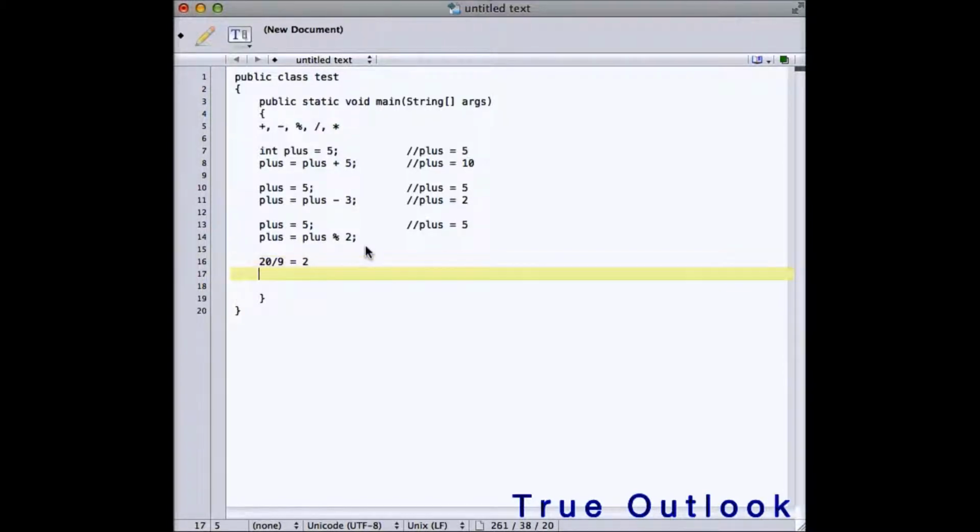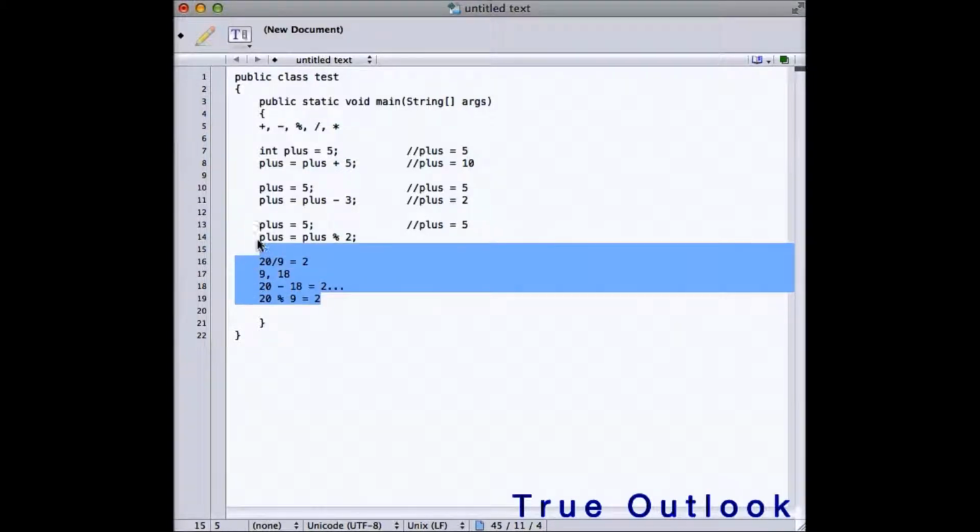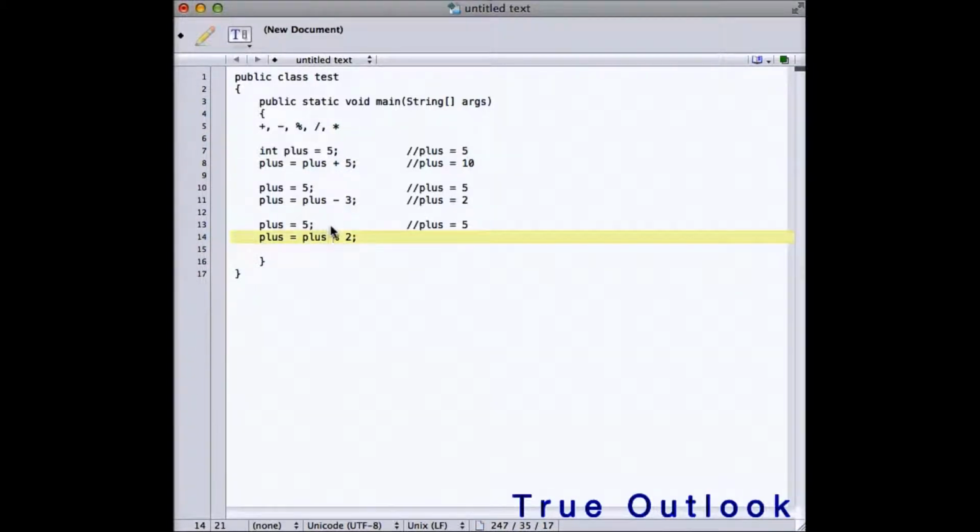So you go 9, 18, and then you have 2 remainder. So if you do 20 percentage sign 9, the answer would be 2, because that's getting the remainder. So here, plus, which is 5, percentage sign 2, 2 goes into 5 twice with 1 remainder. So here, plus would equal 1.